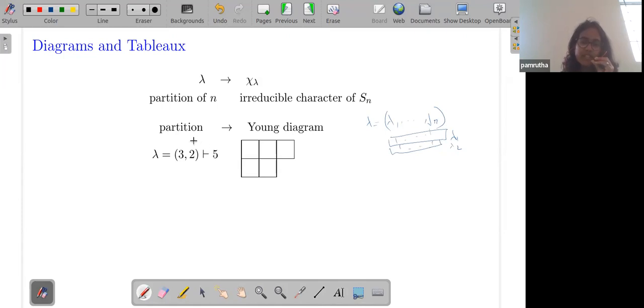For this particular example, 3, 2 is a partition of 5. So, we will be having 3 boxes in the first row and 2 boxes in the second row.